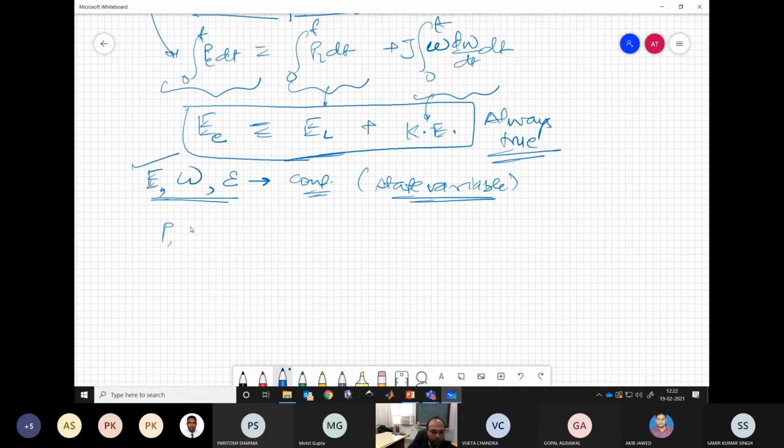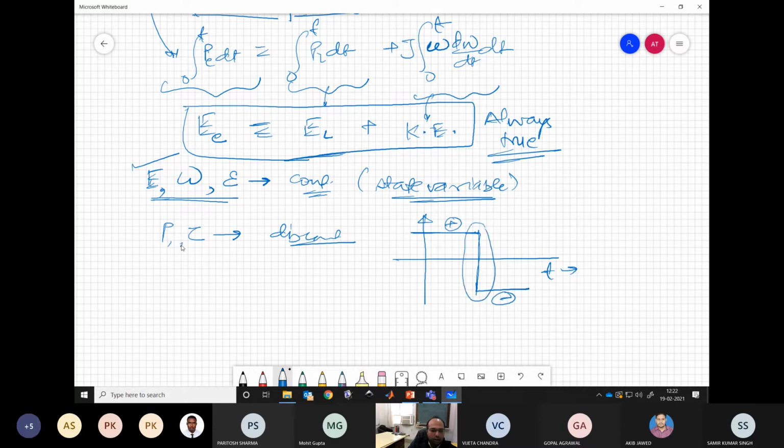There could be other quantities like power and torque, which may be discontinuous. By discontinuous, I mean that over a period of time, there could be some positive value of this quantity, and then the next instant, the demand could go on the negative axis. So there could be abrupt change in the torque and power values. So these are discontinuous.